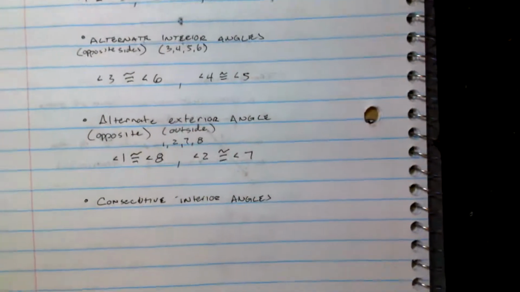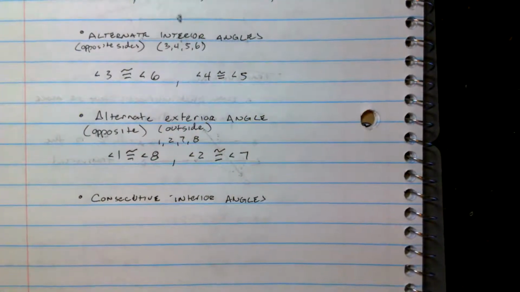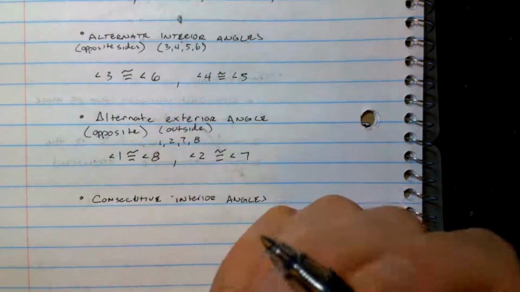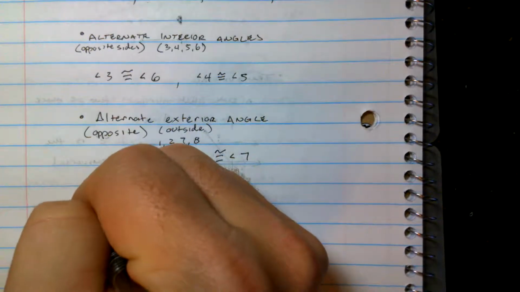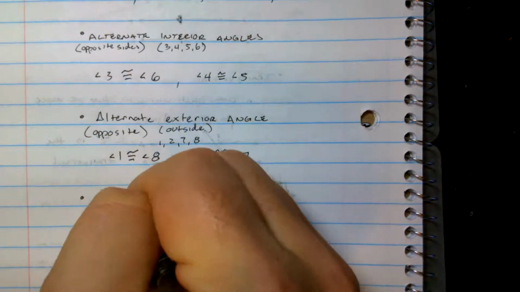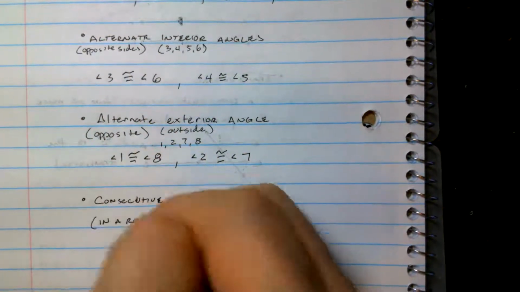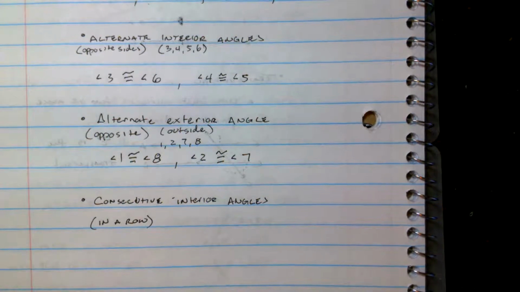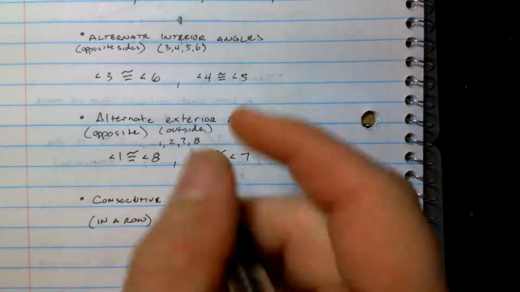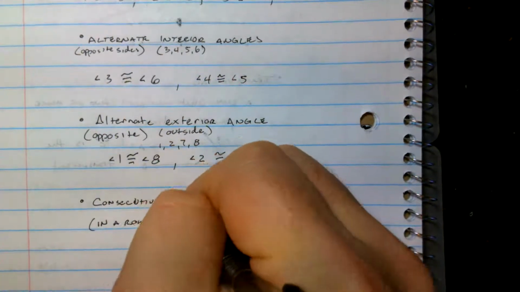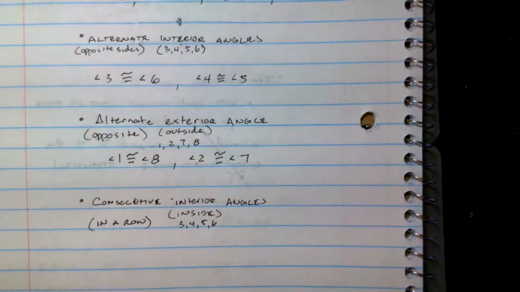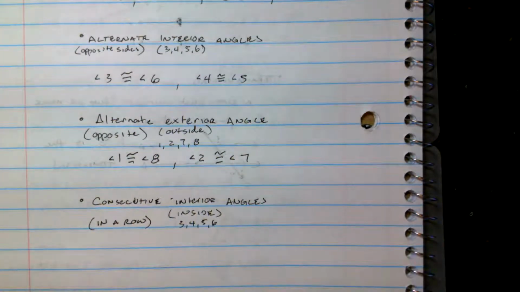Consecutive means one after the other, in a row, and interior means inside. So we're talking about 3, 4, 5, and 6. Those are our inside angles in our example.